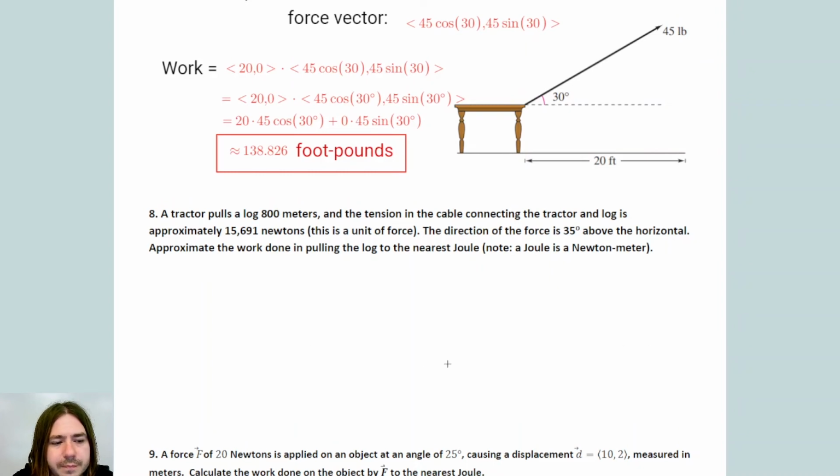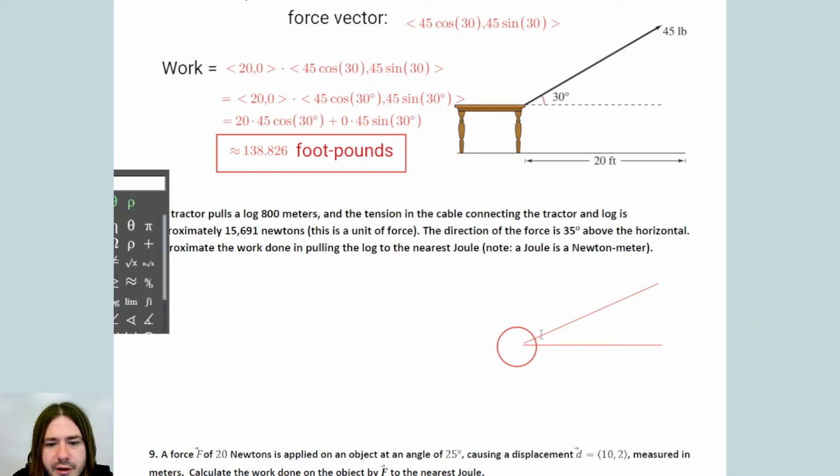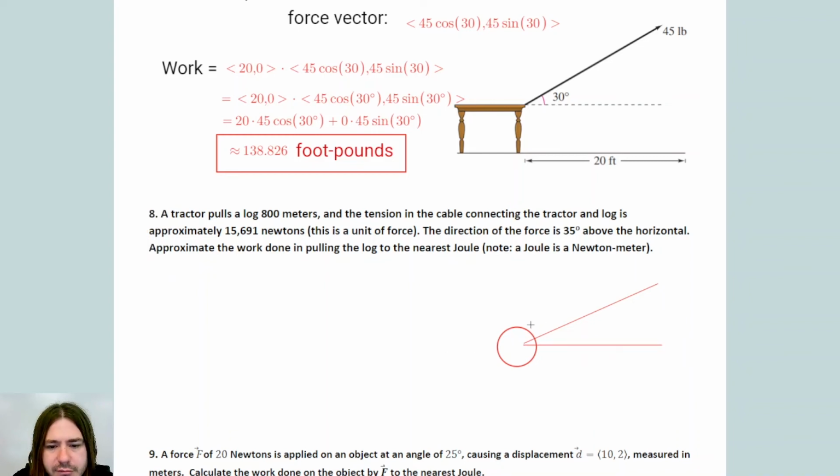We've got this object, this log, which I'm just going to draw a circle for, that's being pulled at a 35 degree angle. So this right here is 35 degrees.